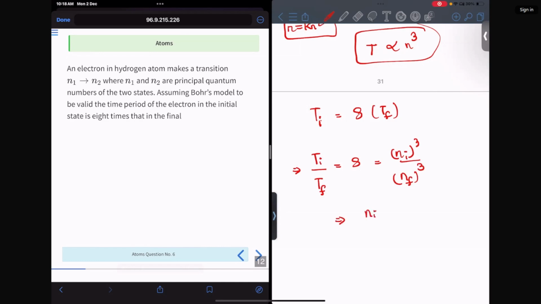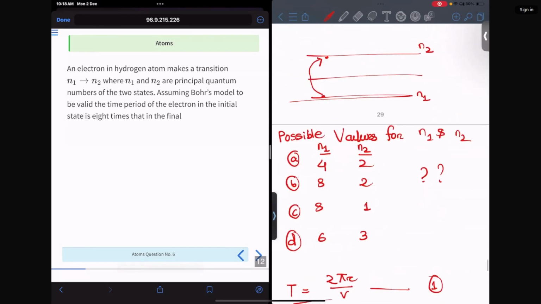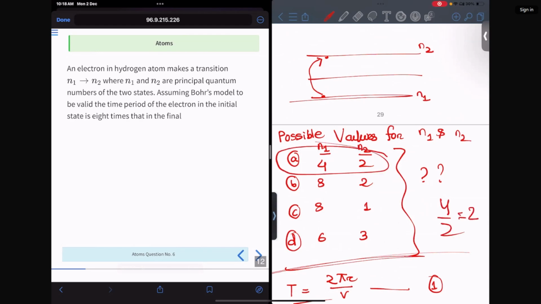So Ni upon Nf becomes 2. Which of the following options, when you divide them, gives a value of 2? You get a value of 2 only in the case of A. 4 upon 2 is 2.